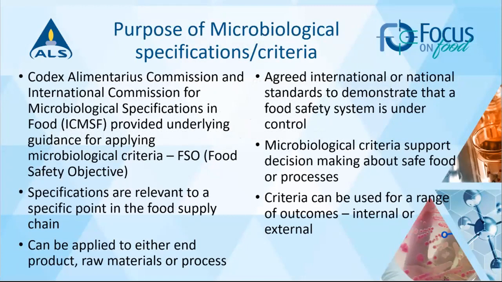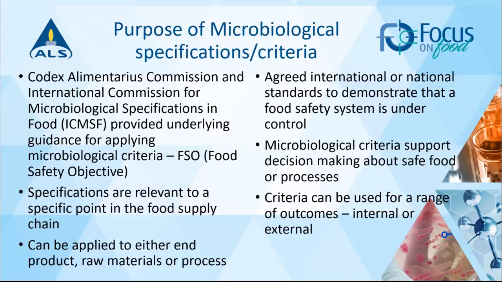It's important to note that microbiological specifications are relevant to a specific point in the food supply chain, whether that be the raw ingredients, final product, or in-process hygiene. Certain criteria are defined in regulations in order to protect public health, and where it is appropriate and meaningful to set microbiological criteria.